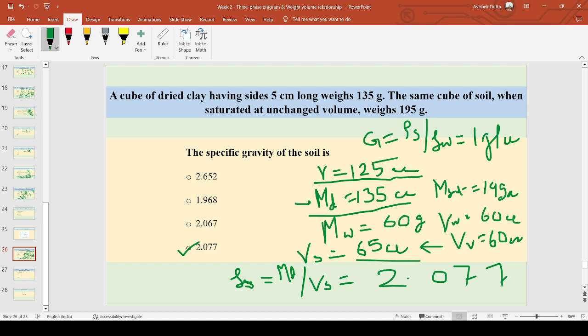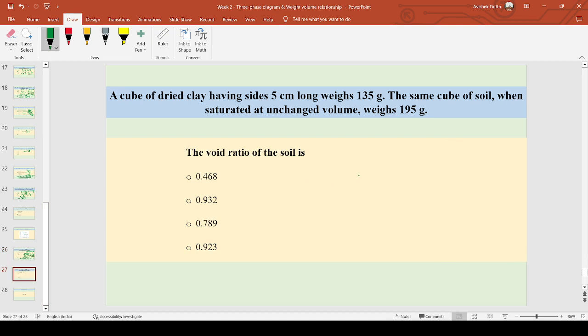Yes, sir. So now the next question, it became easier. What is the void ratio? Void ratio means volume of voids by volume of soil solids. What is the volume of void we have calculated? 60. What is the volume of soil solids we have calculated? 65.